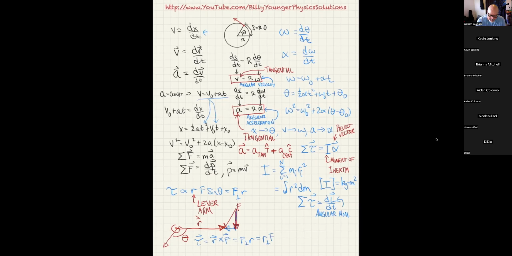It turns out there are different problems depending on how you are given the information. Different problems make different formulas better to use. So for instance, if you consider that F is this force that I drew down here in red, then you can see that the R has a component that is parallel to the force, and then it has a component that is perpendicular to the force.